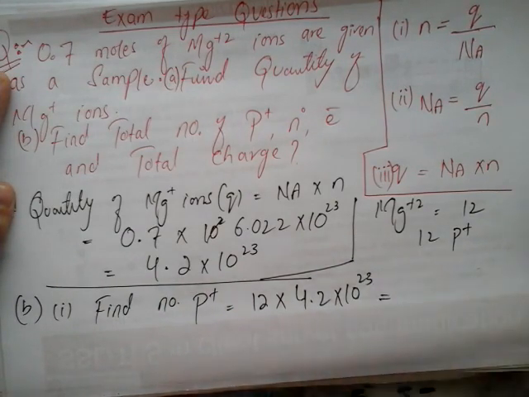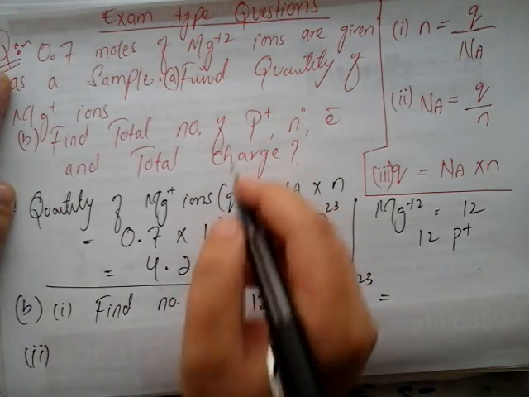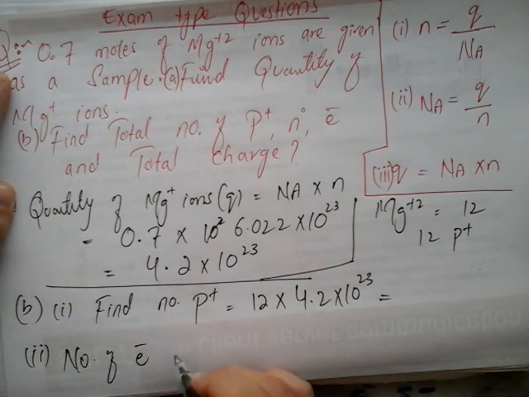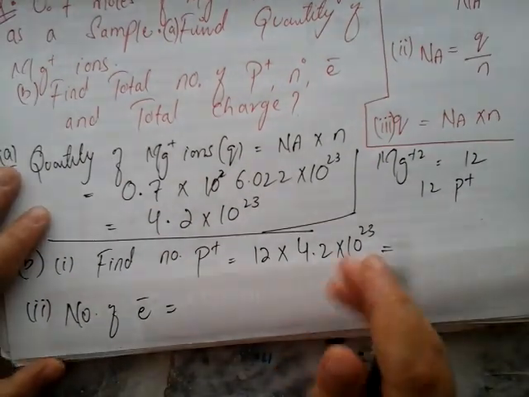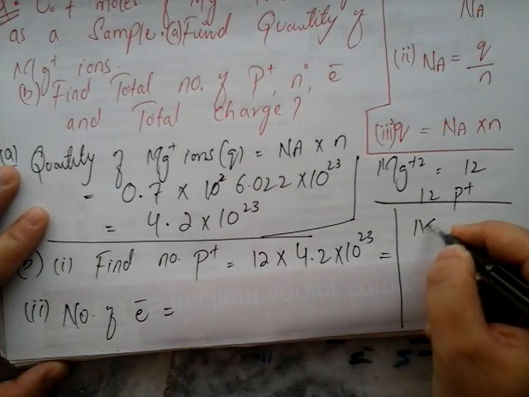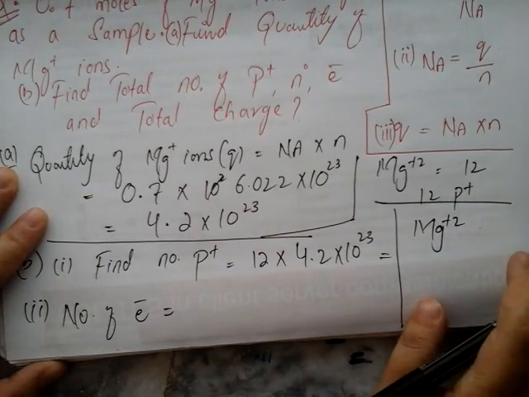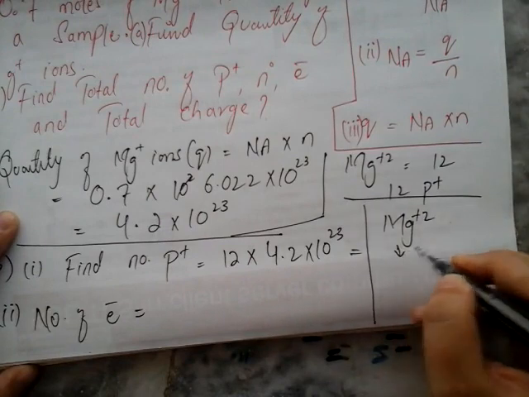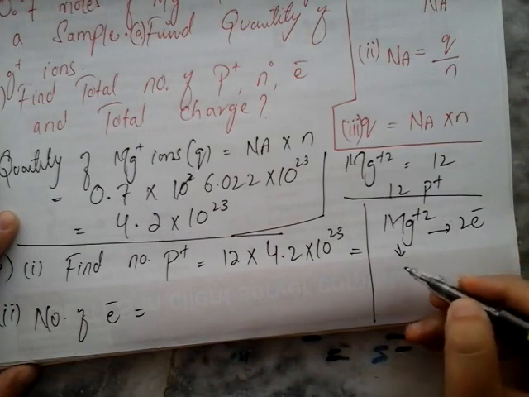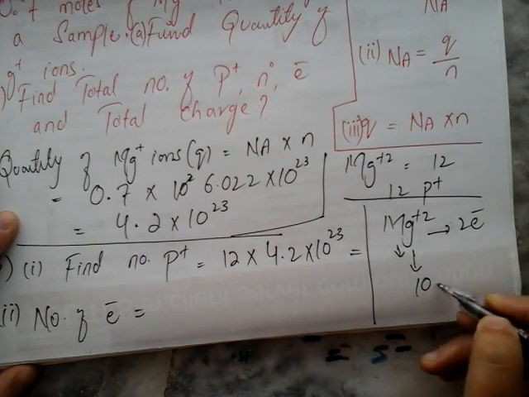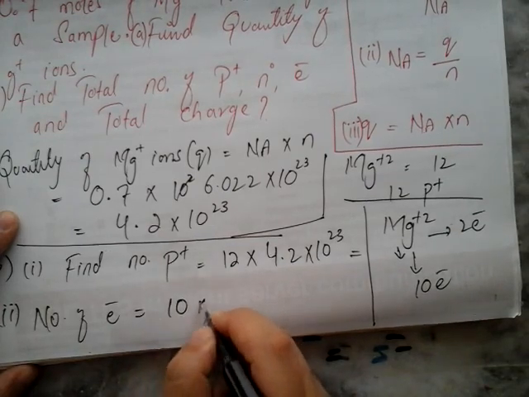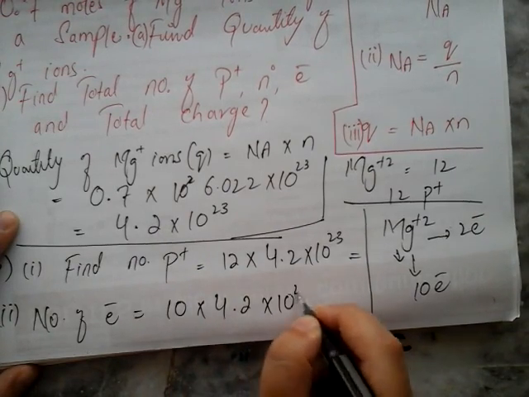Is that clear? In the second part, find the number of electrons. How many electrons does the magnesium ion have? Magnesium has a plus 2 charge, which means that magnesium has given away 2 electrons. So now it has only 10 electrons. So the number of electrons would be 10 into 4.2 multiplied by 10 raised to power 23.